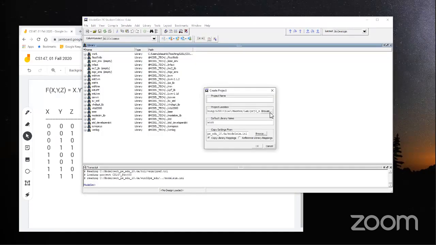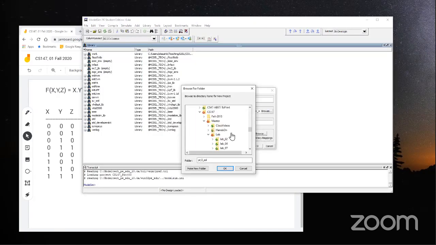Under CS147, make a new folder named Verilog modeling.